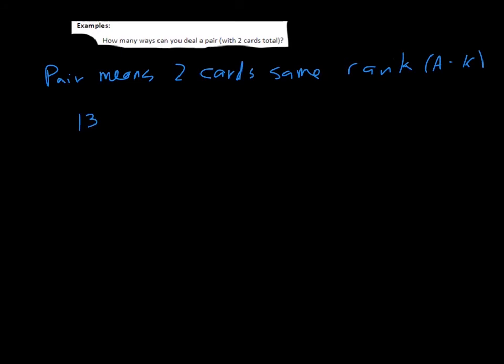The first thing I have to do is I have to choose from those 13 ranks one of them. Okay? So this right here, this is counting ranks. This is counting how many different ways you can choose one of the 13 ranks.